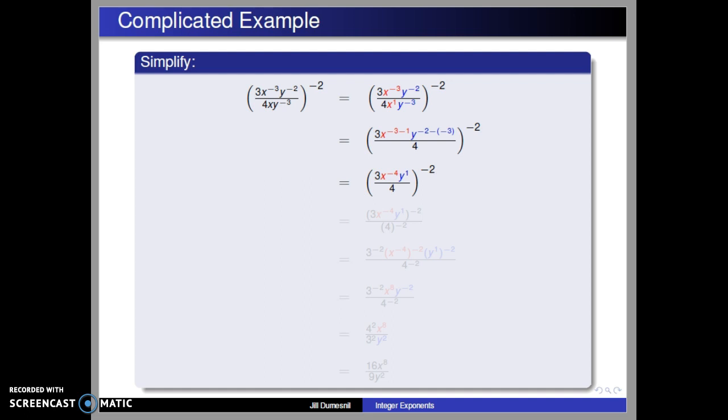There are multiple options on how to proceed now. I will apply the -2 power to the numerator and denominator. In the numerator, the -2 power applies to all 3 factors. Raising powers to powers requires multiplication of the exponents.